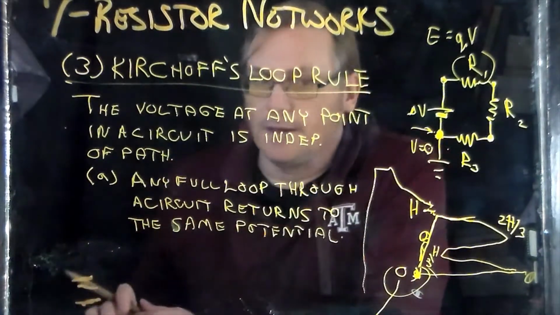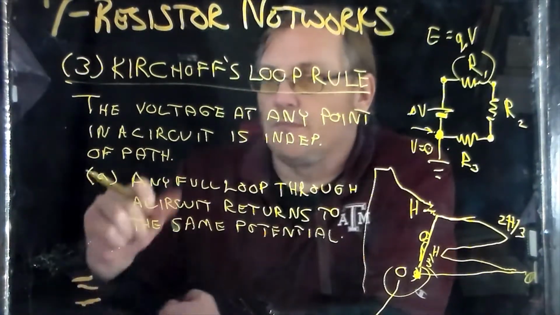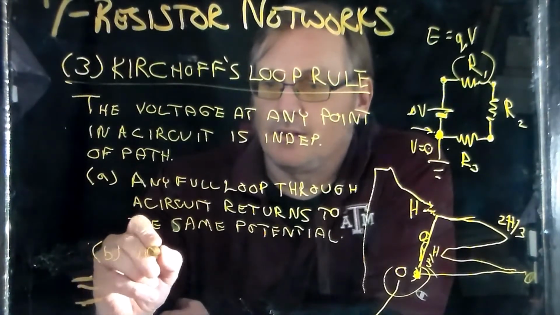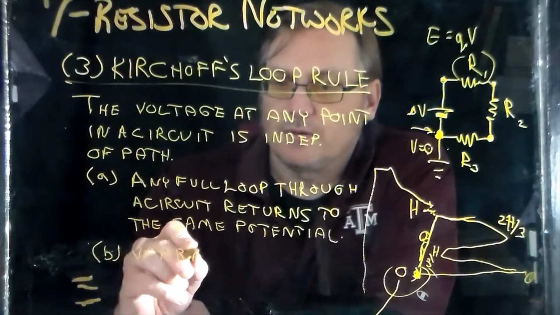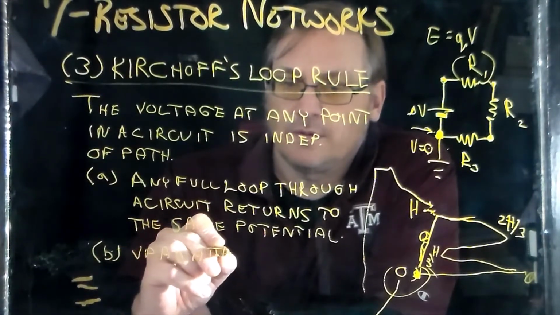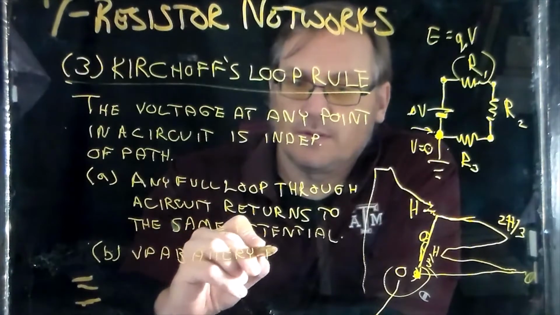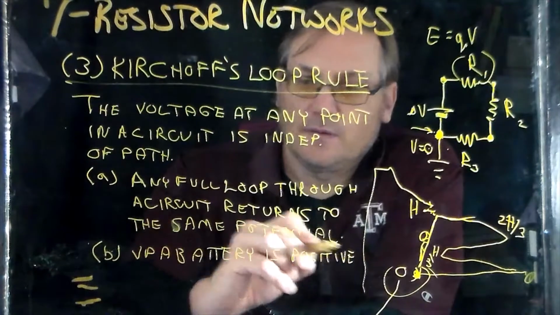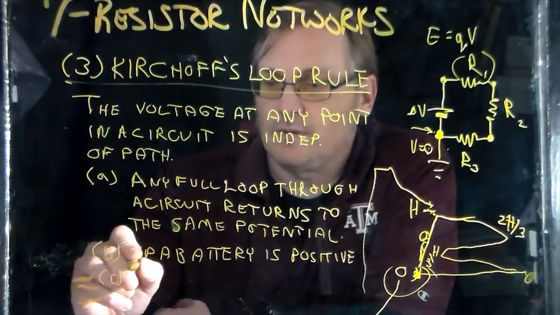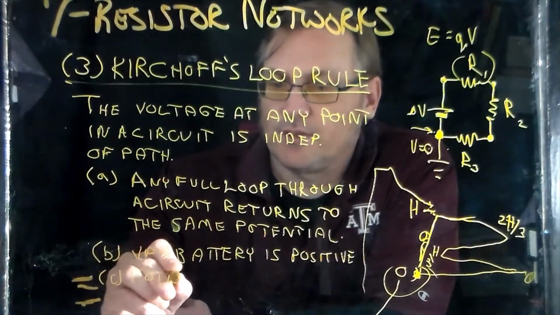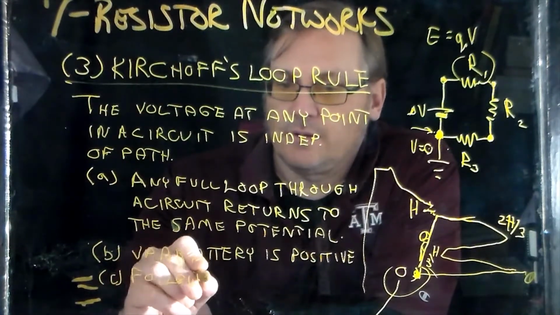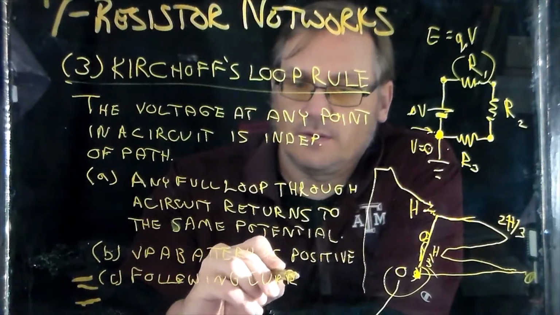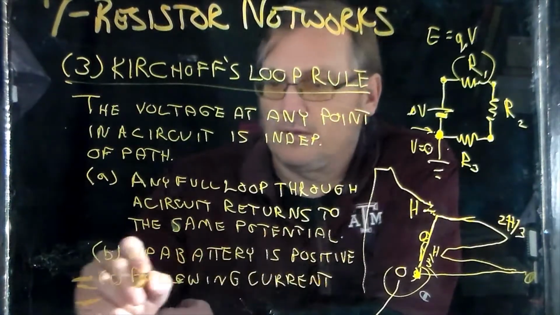Okay, and basically going up a battery is positive, and following the current in through a resistor is negative.